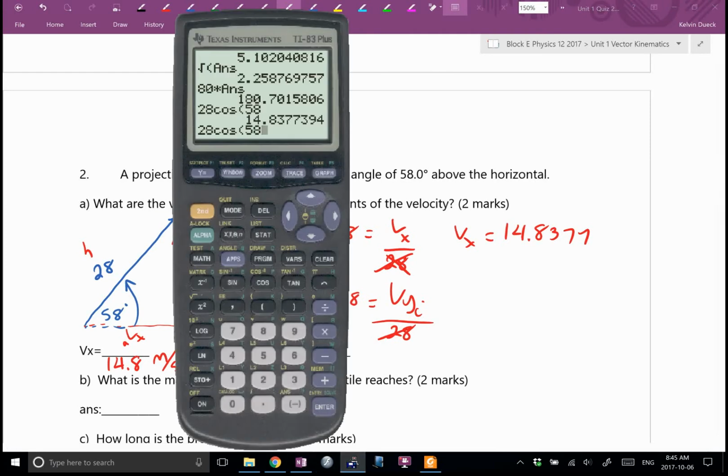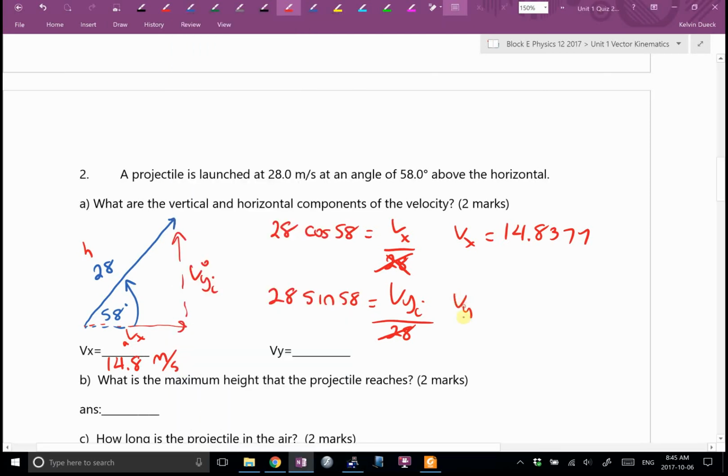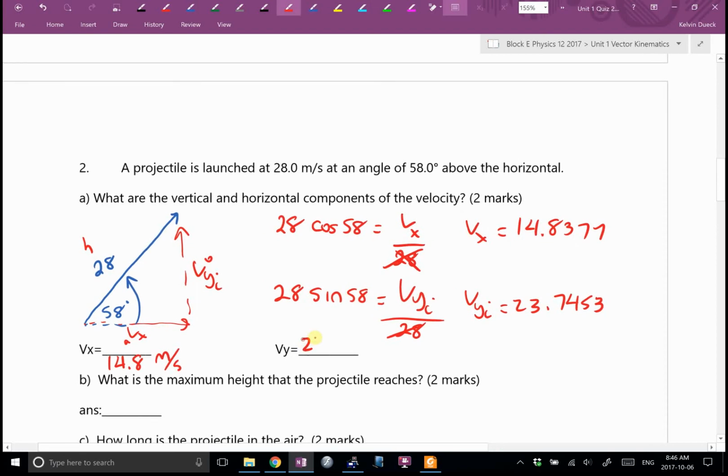You are correct. 23.7453. So I'll write down here Vy initial is 23.7453. I'll give my answer here as 23.7 meters per second, 1 mark. Why am I writing down the answers longer? I think I'm going to use them later, and I'd like the extra sig figs for security.